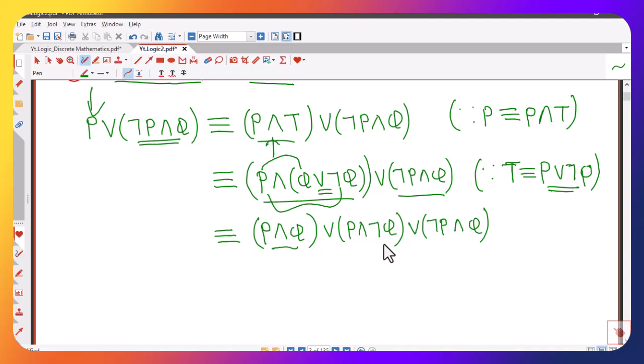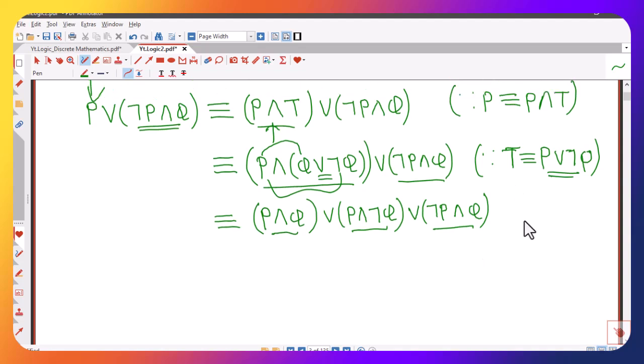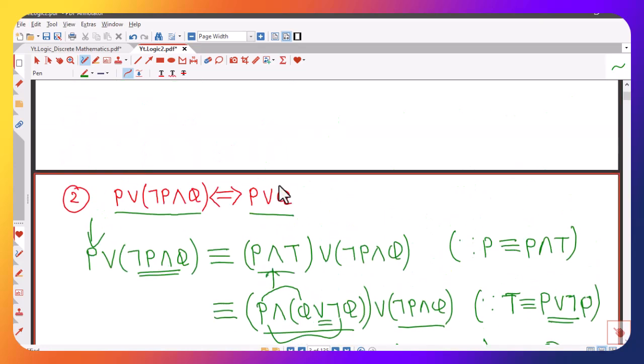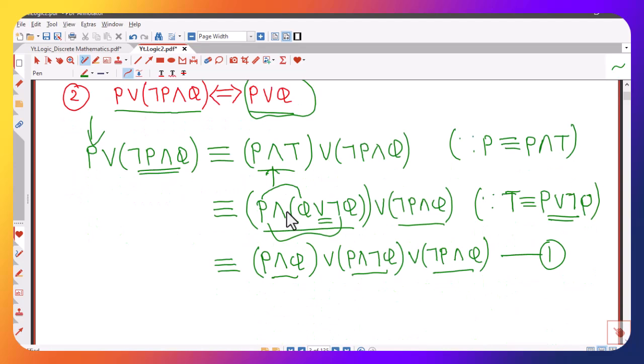Here I have P and Q, here I have P and negation Q, and here I have negation P and Q. So all the min terms are distinct, so we give this number 1.